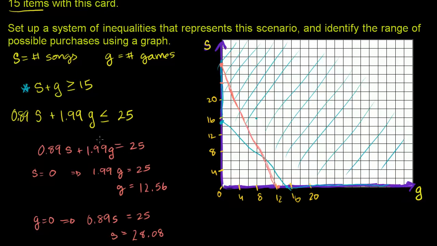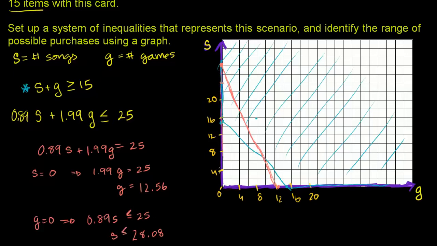Now, if we're talking about the less than area, what will that imply? When g is equal to 0, 0.89s is less than 25. So when g is equal to 0, if we really wanted the less than there, instead of just less than or equal to, s is less than 28.08. So it'll be the region below.